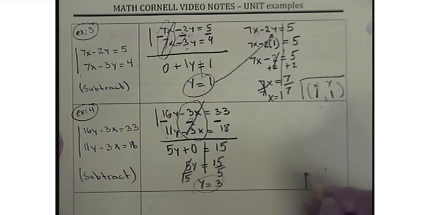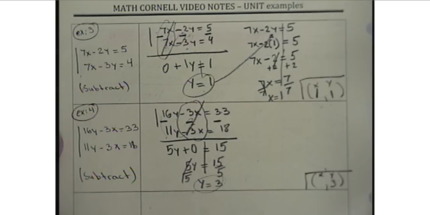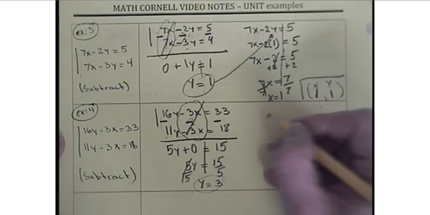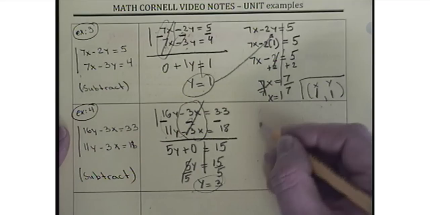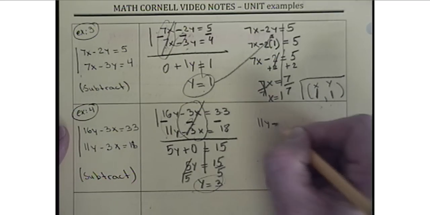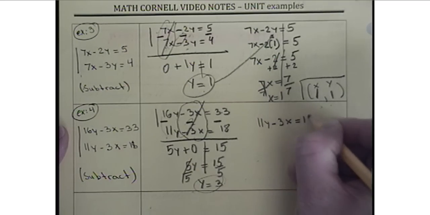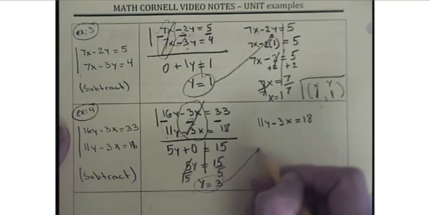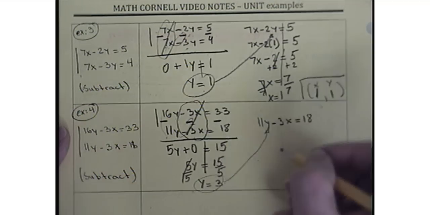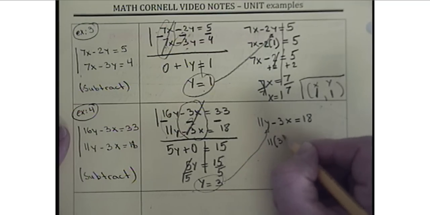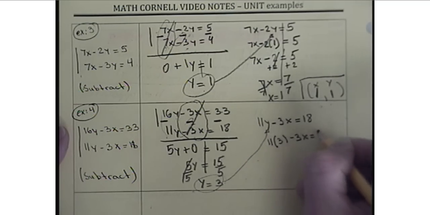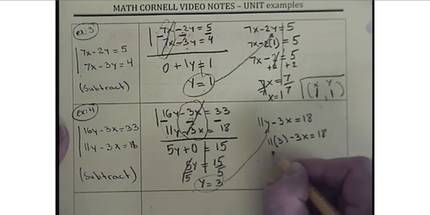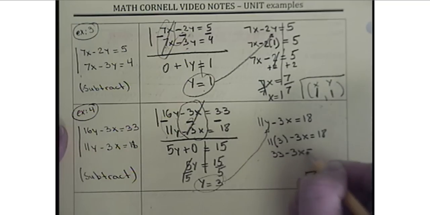Then, once we have the first half of the solution, 3, we're going to use the first equation again. It could be the second; well, let's use the second equation this time. 11y minus 3x equals 18. We'll substitute 3 for y, so 11 times 3 minus 3x equals 18. 11 times 3 is 33, minus 3x equals 18.